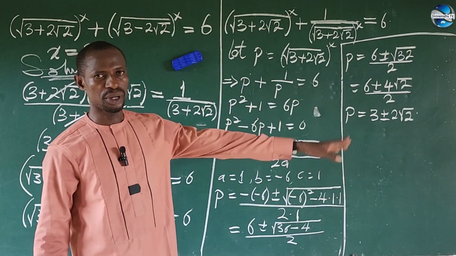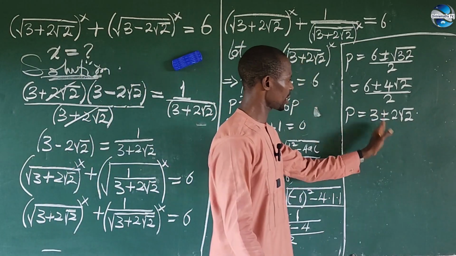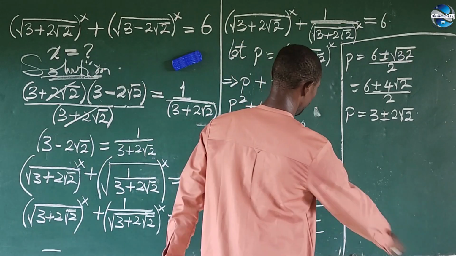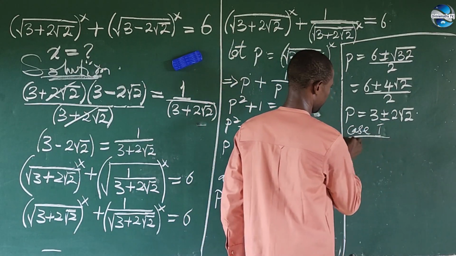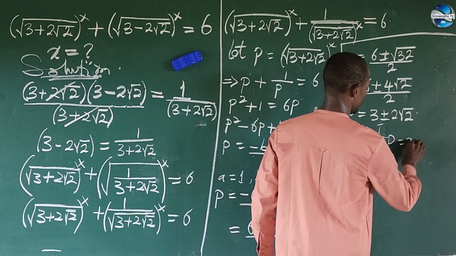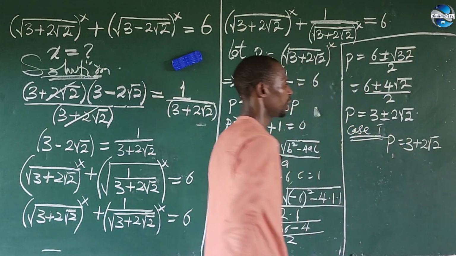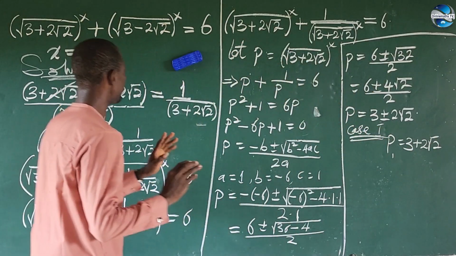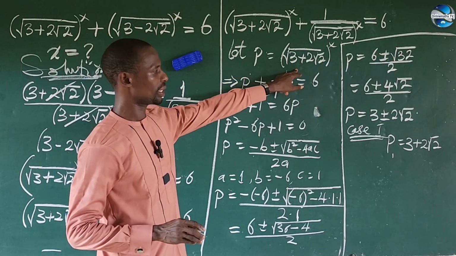So we have P1 and P2 here now. The first one will take the positive sign, the second one will take the negative sign. And so from here, let's take case 1. Case 1, for the first one, P1 is equal to 3 plus 2 root 2. So what do we do here now? Now we go to where we said, let P be equal to this.